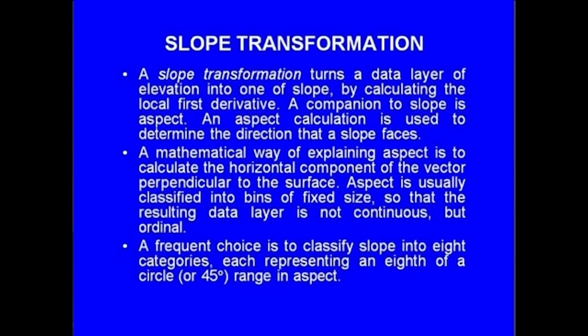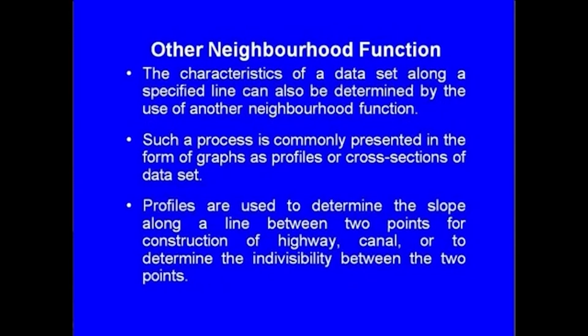A mathematical way of explaining aspect is to calculate the horizontal component of the vector perpendicular to the surface. Aspect is usually classified into bins of fixed sizes, so that the resulting data layer is not continuous, but ordinal. A frequent choice is to classify aspect into 8 categories representing an eighth of a circle, or a 45 degree range in aspect.